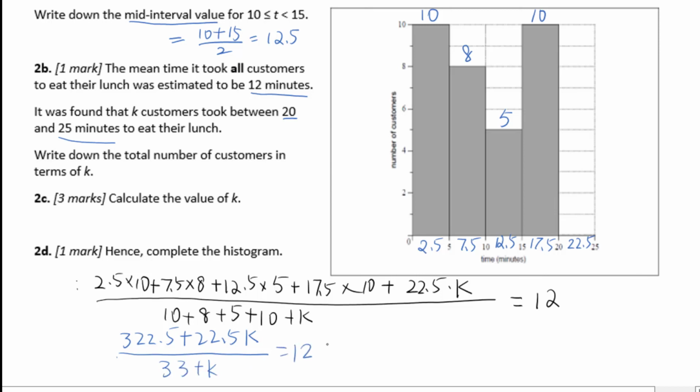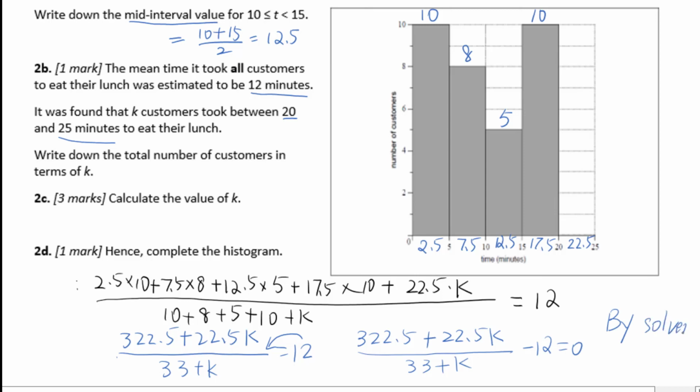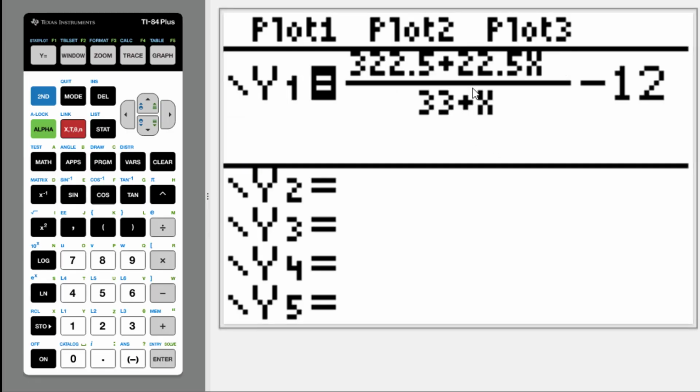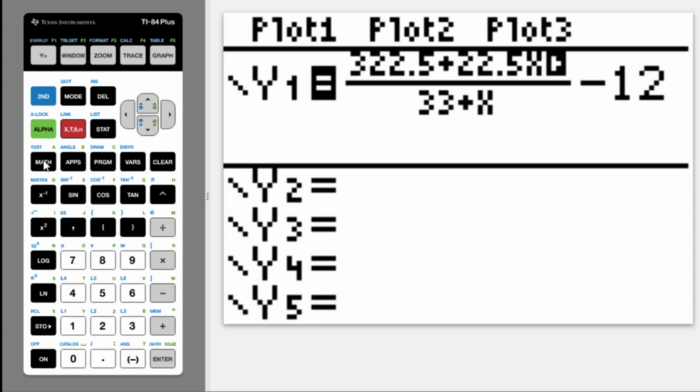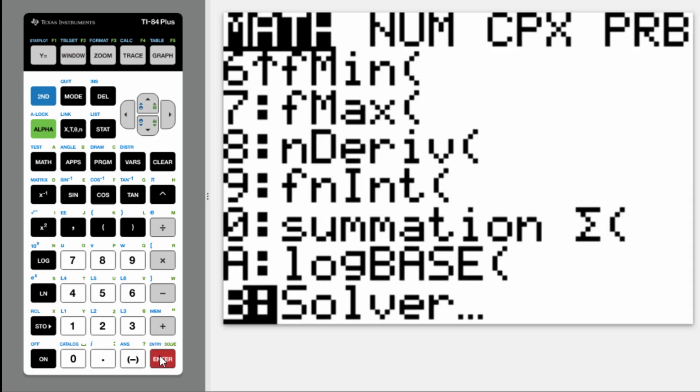We want to use the equation solver, so move 12 to the left side: 322.5 plus 22.5K over 33 plus K minus 12 equals 0. By solver, K equals. We already put this equation into Y1. Then go to Math, up arrow, enter.